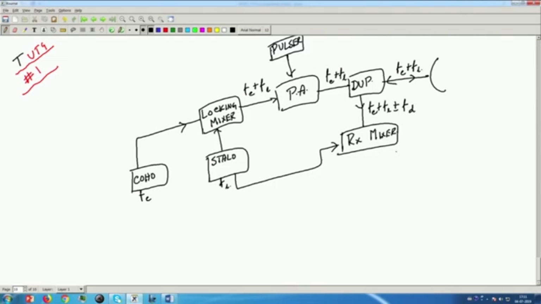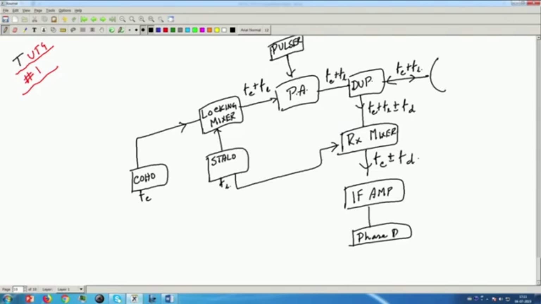The RF mixer strips FL, so you are left with FC plus minus FD, which is given to the IF amplifier, then to the phase detector, and to this phase detector the coho is fed.